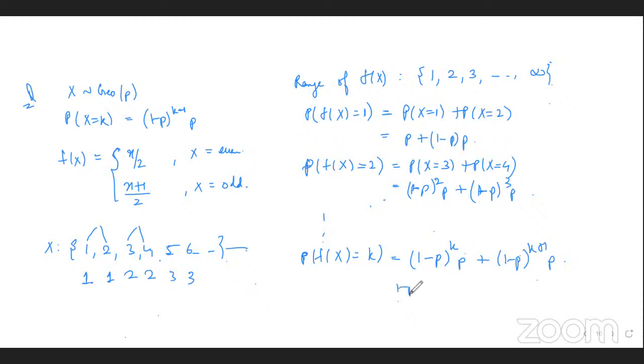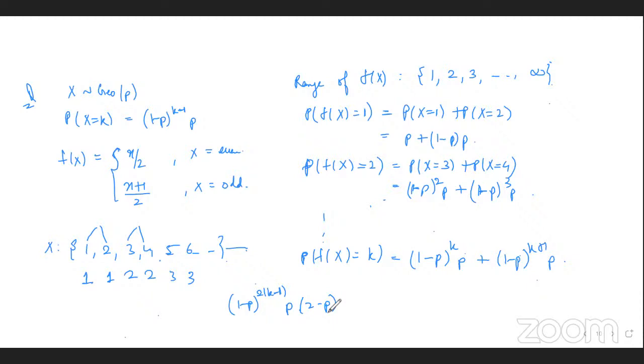Ma'am, the answer is 1 minus p to the power 2 times of k minus 1 into p into 2 minus p. Yes, ma'am. This is the answer.